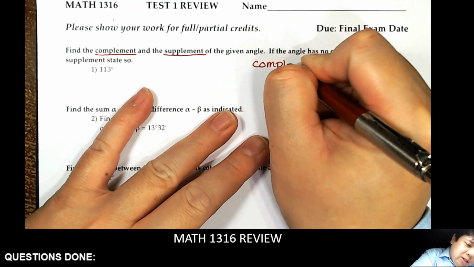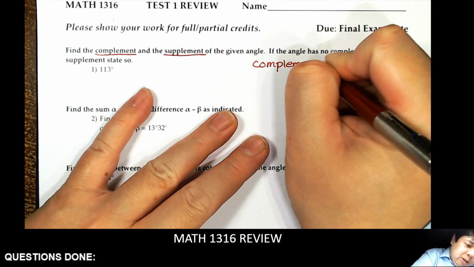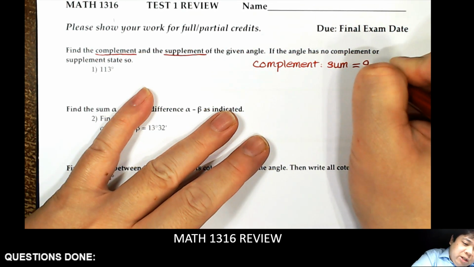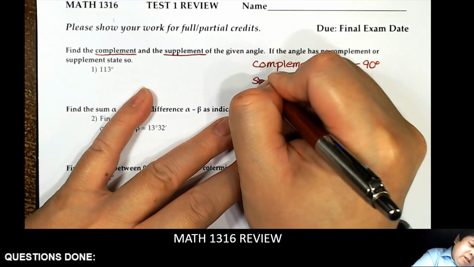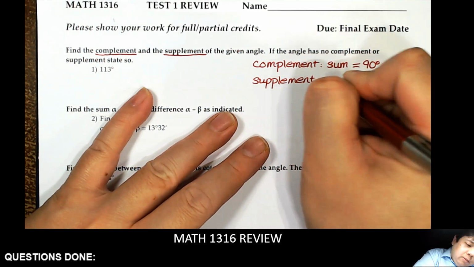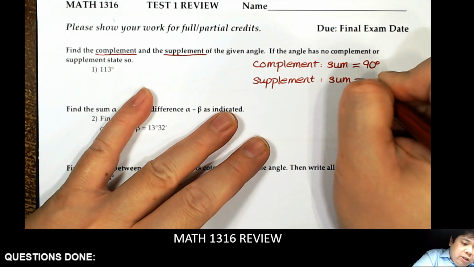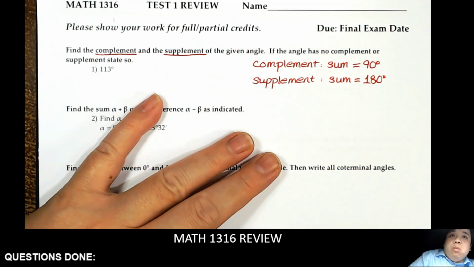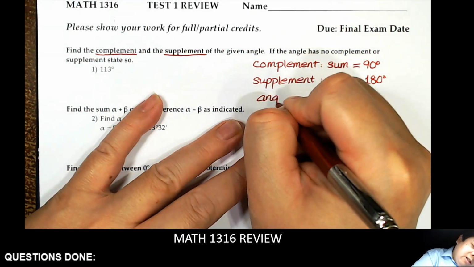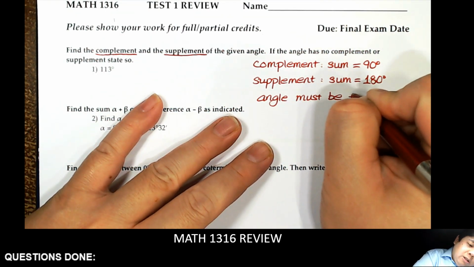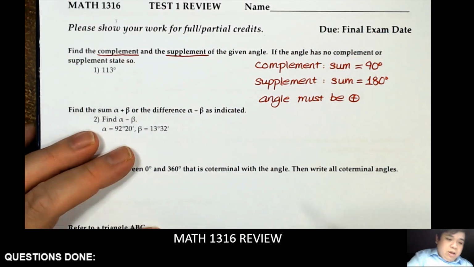A complement is where the sum of the angles equals 90 degrees, and a supplement is where the sum of the angles equals 180 degrees, but the angle must be positive. That's just the way we define it.